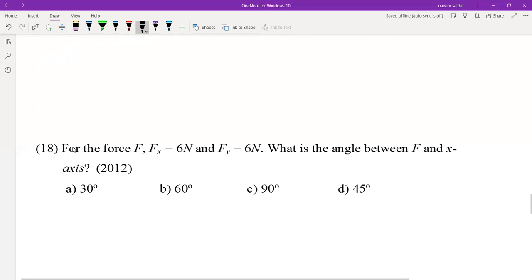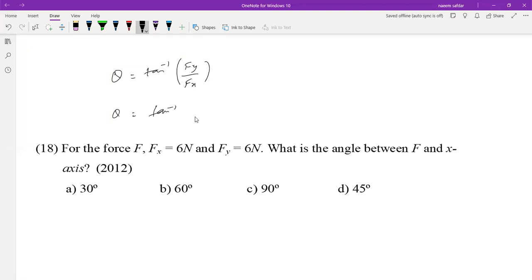MCQ number 18. For the force F, Fx is 6 Newton, Fy is 6 Newton. Both are equal. Fx and Fy are same in magnitude. What is the angle between F and x axis? We know the formula of theta will be tan inverse Fy by Fx.